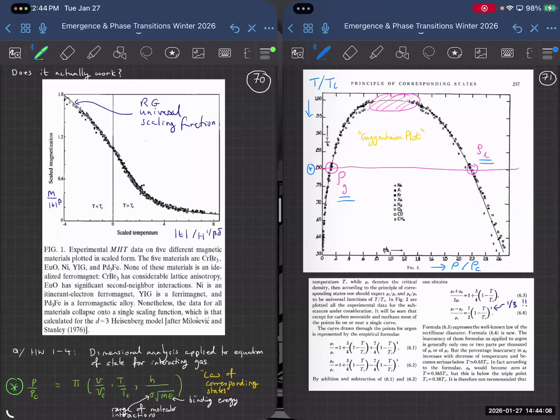Okay, so what Gregory is saying is they're not the same. Let me paraphrase what you've said. I think you're right. You said the thing on the left is what happens near the critical point. And on the thing on the right, if you look at the axes, where I drew the horizontal line, T over Tc is about 0.8.